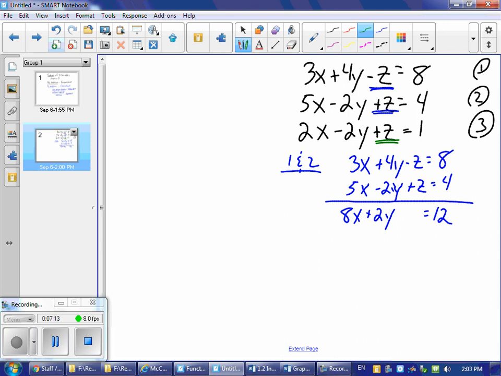Well, again, it makes sense to go with equation 1 because it already has the minus z. You must eliminate the same variable. If you eliminate the z from the first set of equations, you have to eliminate the z from the second set of equations. You've got to keep that consistent. So we're going to go with equations 1 and 3. Rewrite them.